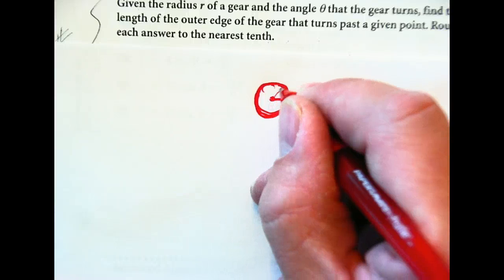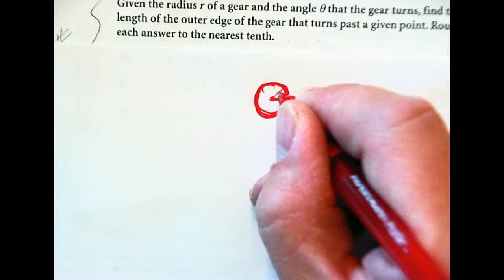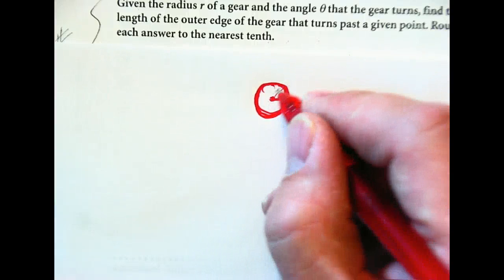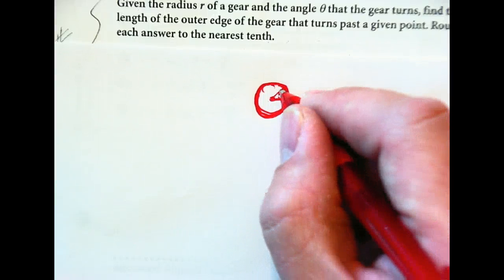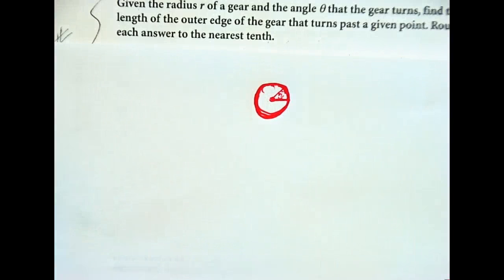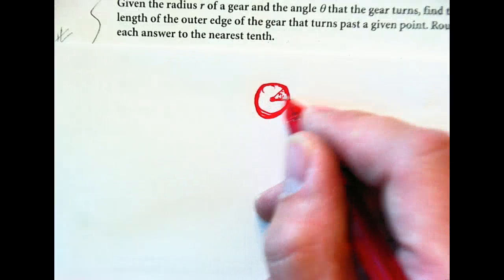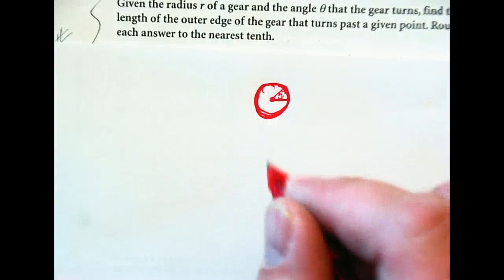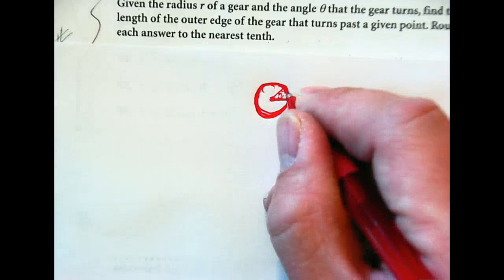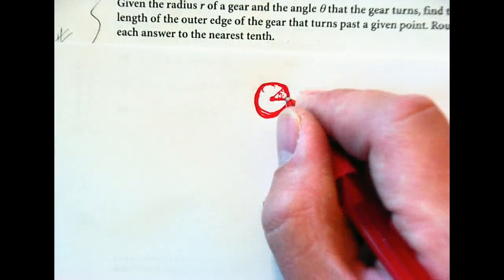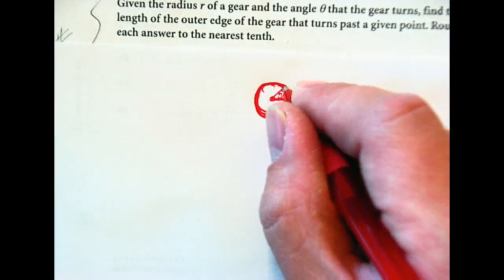Let's say if we went this far, what are we calling that angle measure? Theta. We're calling it theta. So the amount our gear turns in terms of degrees is theta, right?